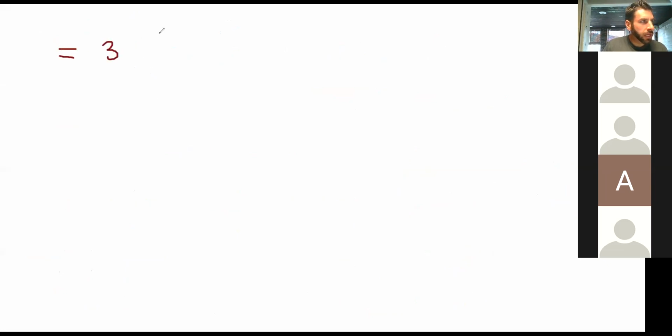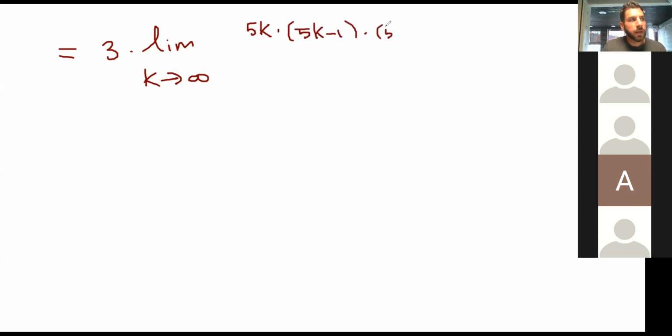So I have my 3 times my limit. Upstairs I have 5k factorial. Let's take our time. That's 5k times the number that comes before 5k, which is 5k minus 1, times the number before that, which is 5k minus 2.